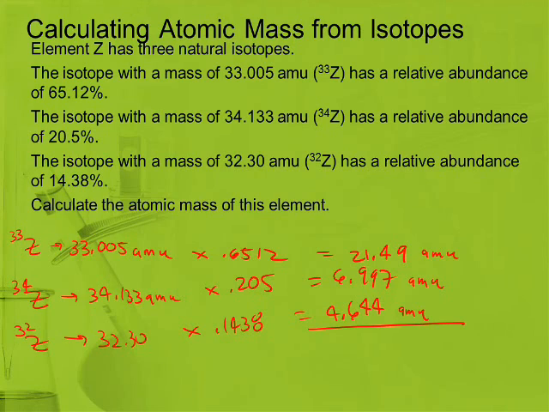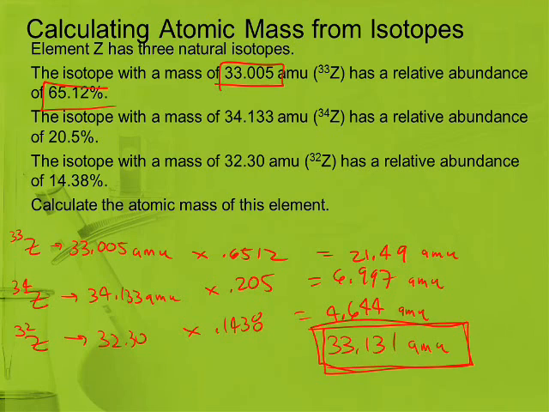Then we just add these all up, and we get 33.131 atomic mass units. So that's the atomic mass of this fictitious element, the one that would be on the periodic table, and that makes sense because 33.13 is closest to this one, which had the highest relative abundance.